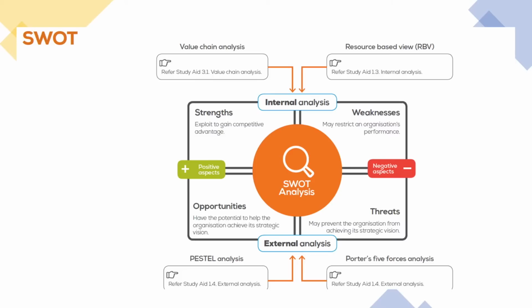But if you look at the other side of SWOT analysis, strengths and weaknesses, the strengths of the company and weaknesses of the company can be obtained by internal analysis. It can be value chain analysis or the resource based view, RBV. But the second part of SWOT analysis is opportunities and threats.